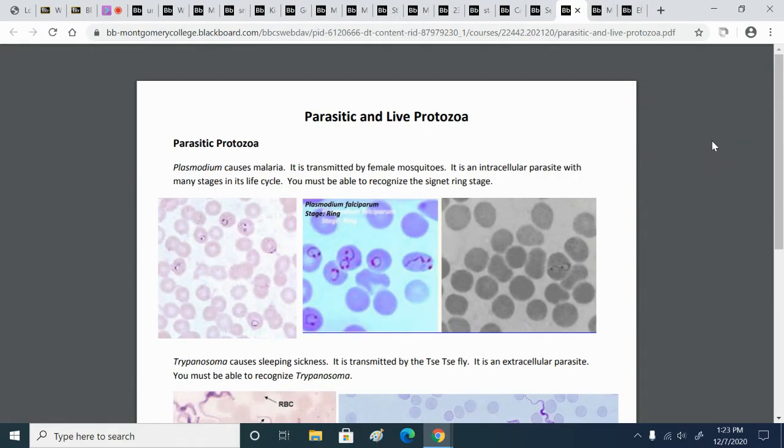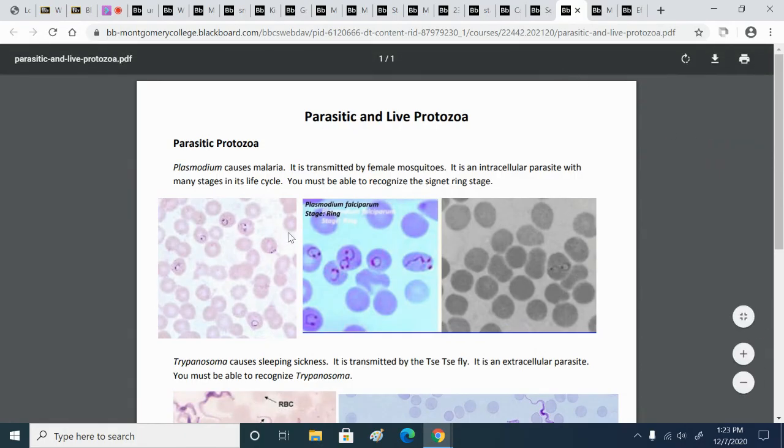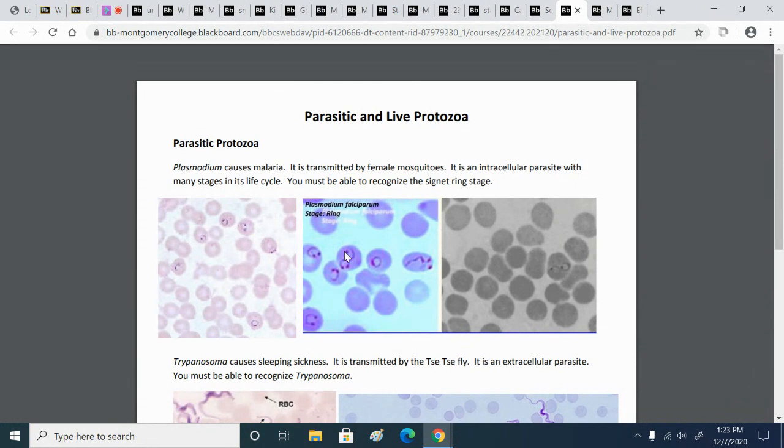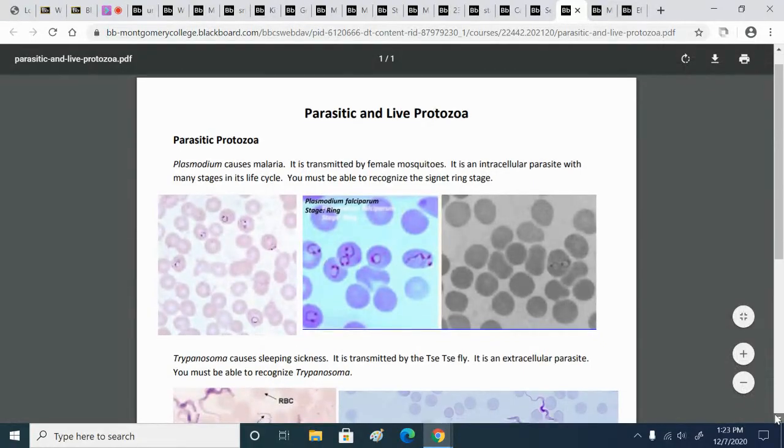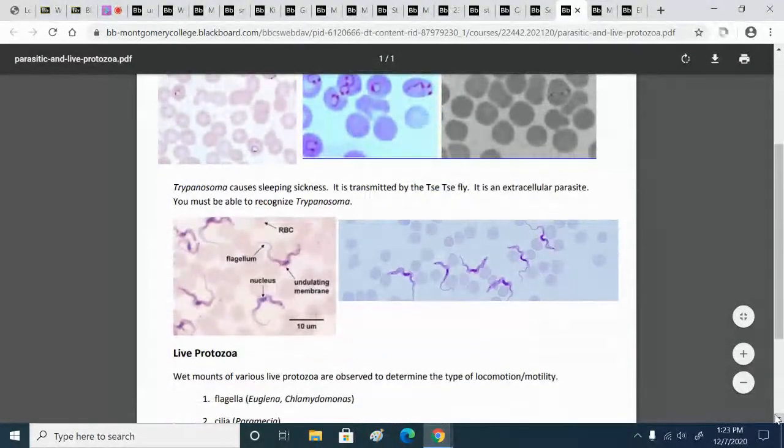And like all protozoa, there are many stages to the life cycle of Plasmodium, but we're concerned with the signet ring stage. So you can see inside of these red blood cells, we have the signet ring stage for Plasmodium. And depending upon the staining technique used, the colors can be different. But we do see the ring stages. So that's for Plasmodium. When it comes to Trypanosoma, this parasite causes sleeping sickness.